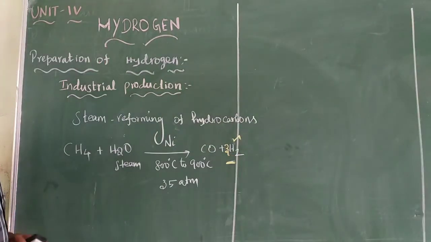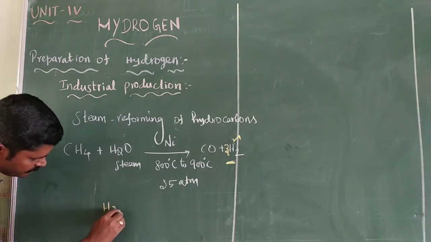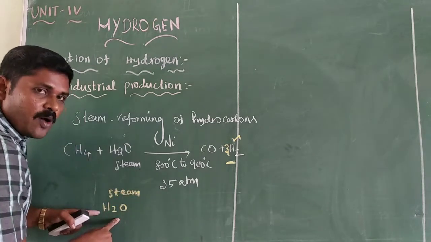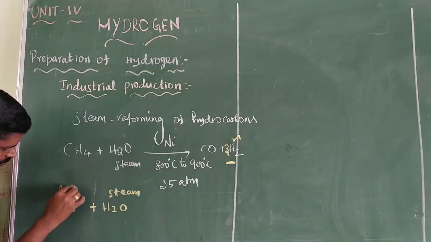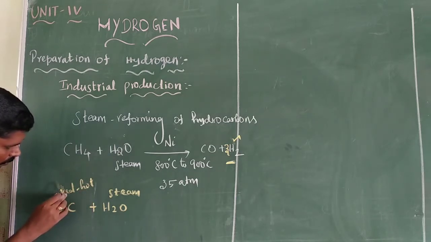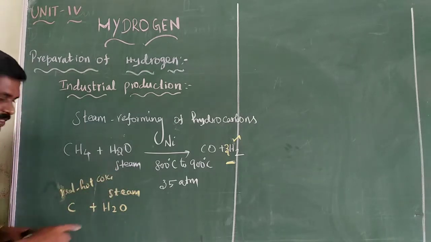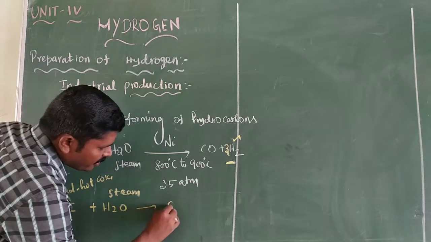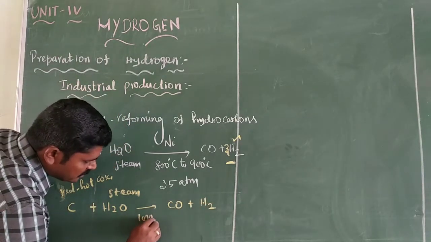In another process, the steam is passed over red hot coke to produce carbon monoxide and hydrogen at 1000 degrees Celsius.